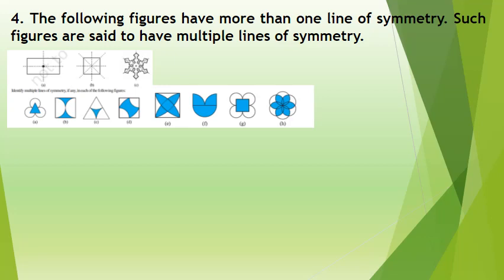First three, A, B, C, they have given. A is a rectangle. It has only two lines of symmetry. And the square has 4 lines of symmetry, and the next figure has 3 lines of symmetry. And in the remaining figures we have to find the multiple lines of symmetry.